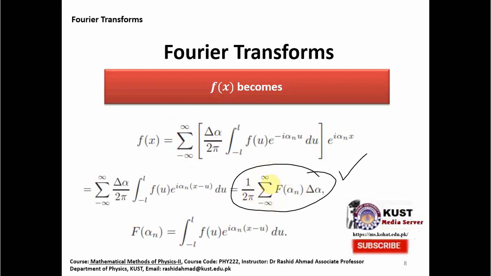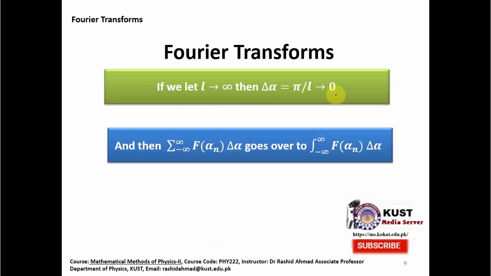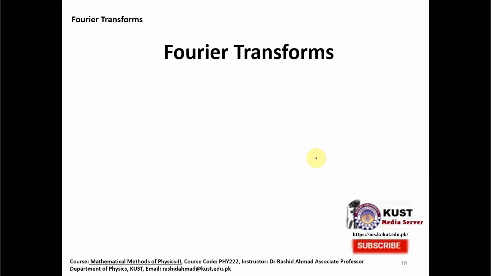So summation is for the discrete case and not continuous. So we would like to change this to the integral form, and this we can do by making this definition, that is letting L go to infinity and delta alpha going to 0. Then we can replace this summation with the integration.